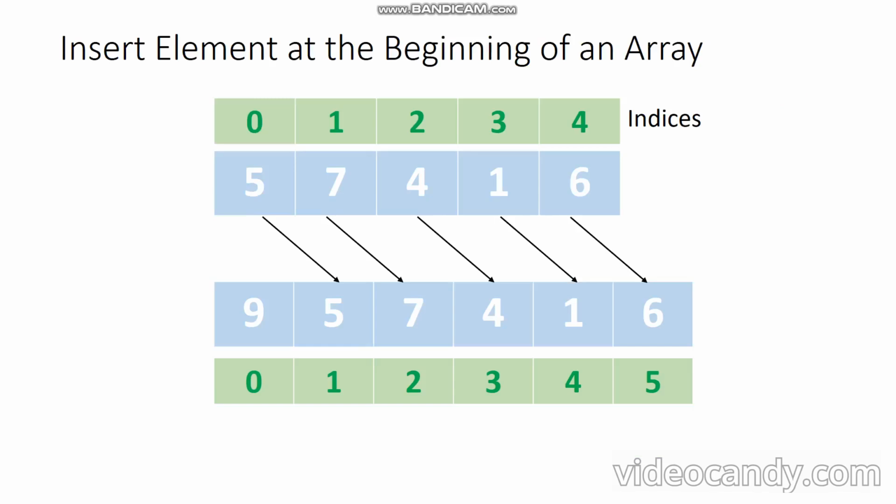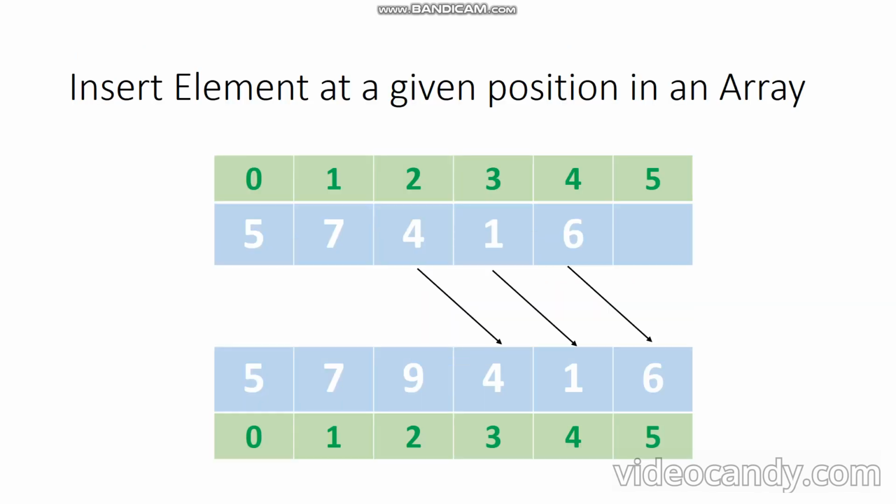But when you want to insert the element at the beginning, I have incremented the size of the array, right? So in the next diagram, I have already taken the incremented size, that means the size of the array is already greater. That means there is some empty position so that I can insert the new element.